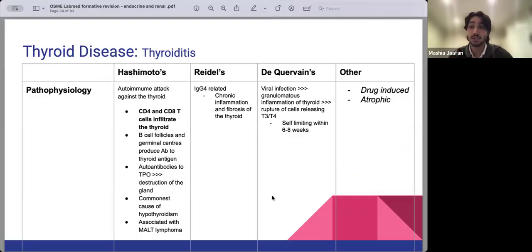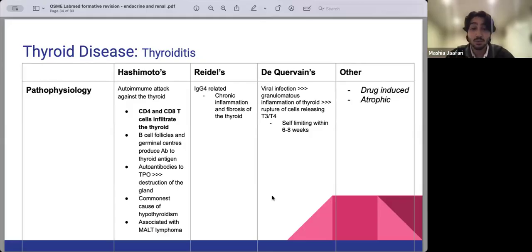And that causes an initial hyperthyroidism. But then once it's done that, as the inflammation continues, the thyroid stops working very well and it can't make more thyroid hormone. So you then start getting a hypothyroidism. So typically in thyroiditis, you have an initial hyperthyroidism followed by a hypothyroidism. Now, the most common type of thyroiditis and also the most common cause of hypothyroidism is Hashimoto's.